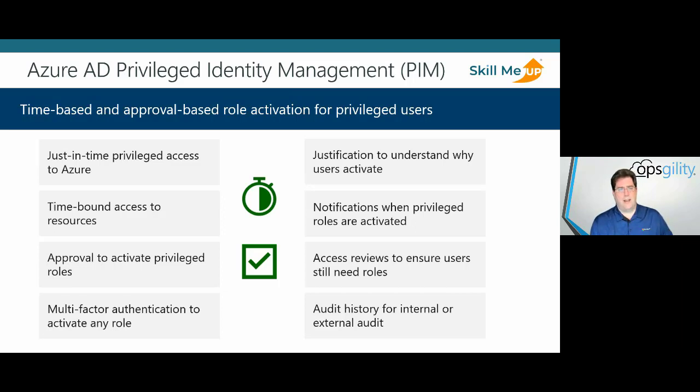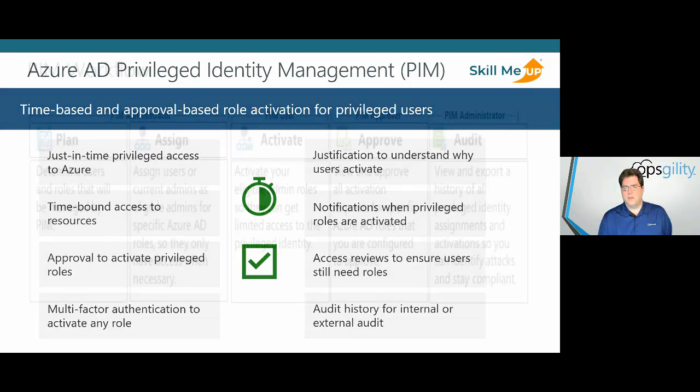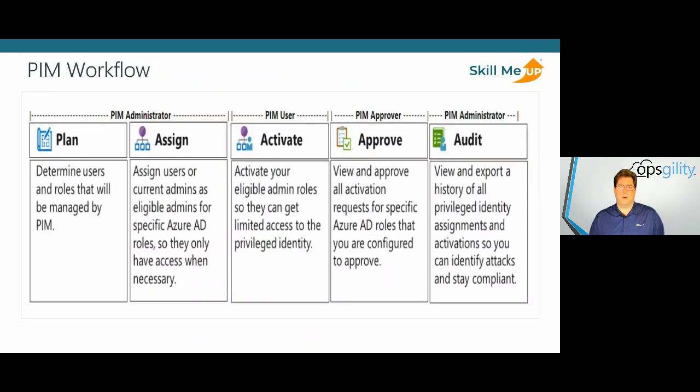But if they're assigned that role, they can request that access through a request, and it can be denied as well if we find, oh, that person's changed their role, why are they asking for access? And here's the workflow that privileged identity management goes through. Whenever you're thinking about any identity and access management plan, or security plan, planning is the key, and thinking about how you're going to go about it, then how you're going to assign it.